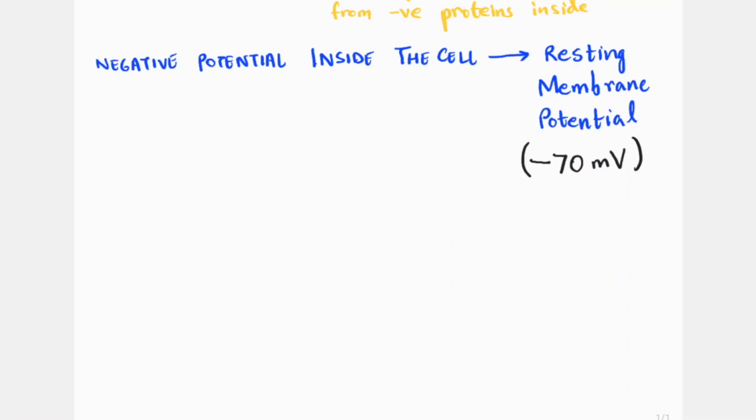This is empirically derived. You can also derive it using a few basic calculations using the Nernst formula, but it's not really required. All right, the negative potential inside the cell. So you can see there's a potential difference. I talked about a potential difference earlier when I was talking about voltage gated ion channels, and this is the source of the potential difference, and it's of huge importance.